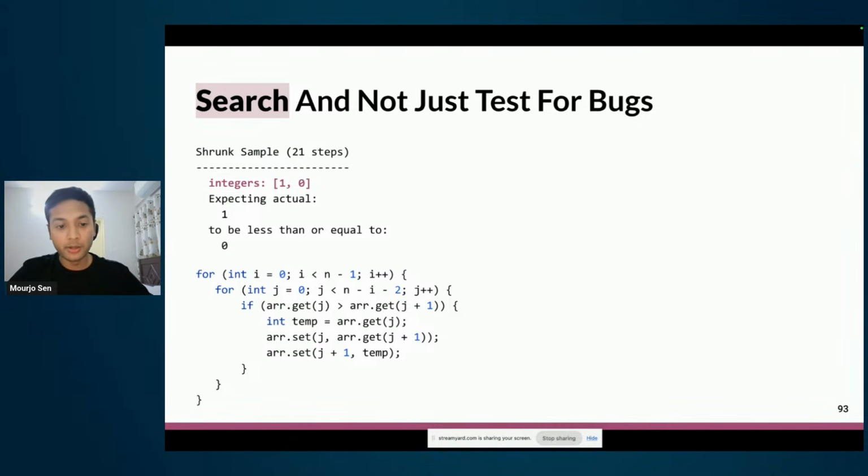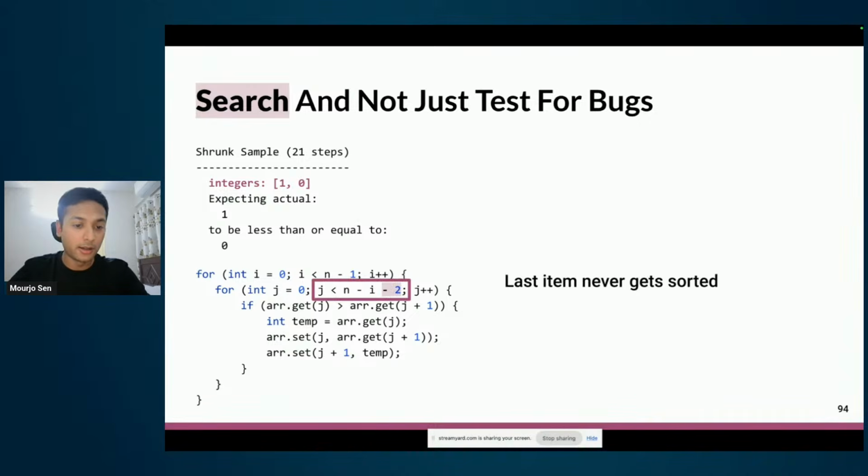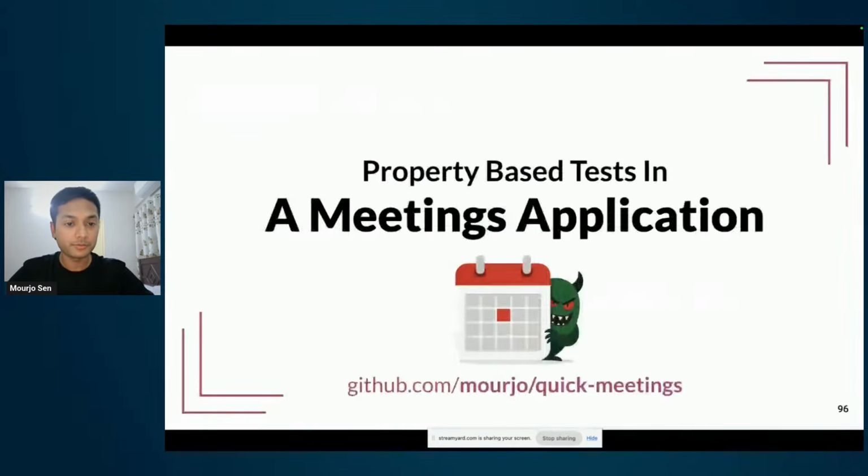Because if I have a 2-element array here, I can look at the source code and it won't be a very hard job to figure out that the problem is in the second line where I deliberately put -2 instead of -1, and that's why the last element never gets sorted. So shrunk samples are very much easier to fix than the first sample that doesn't work.